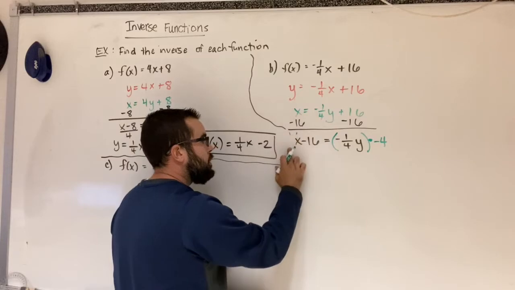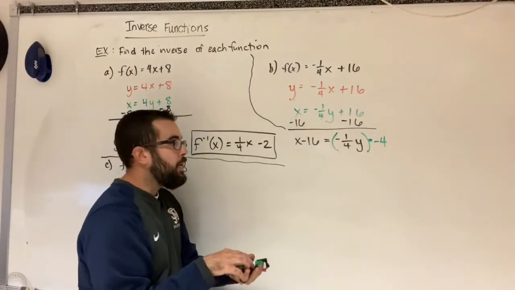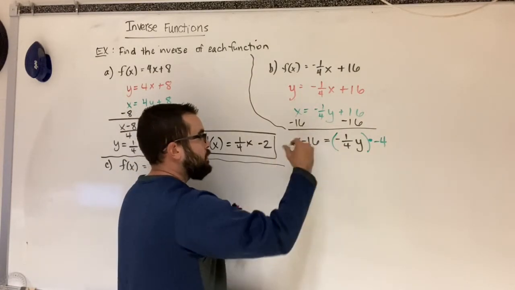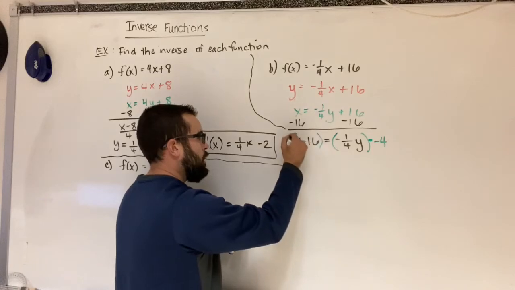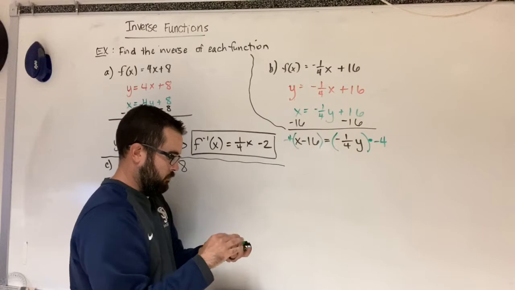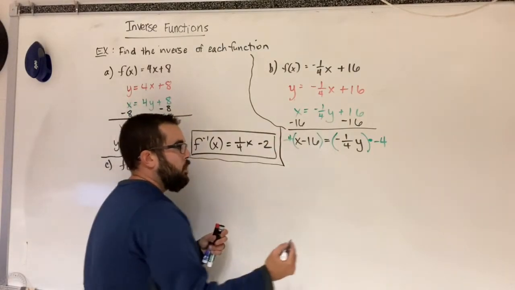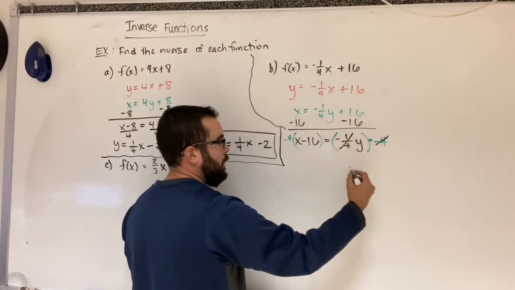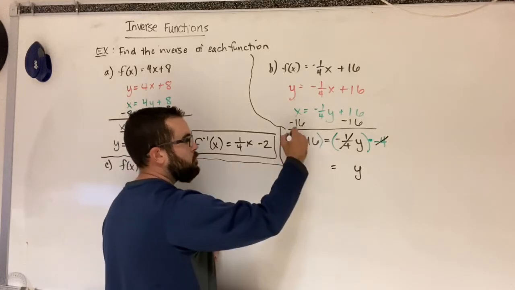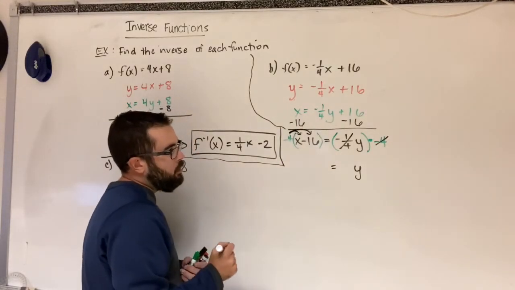And now, since this side has two terms, I can't just multiply one or the other by negative 4. I need to multiply this whole side by negative 4. So now, these cancel out to just be y. And then I have to use the distributive property on the left side.